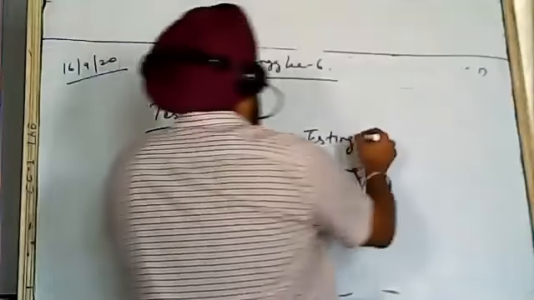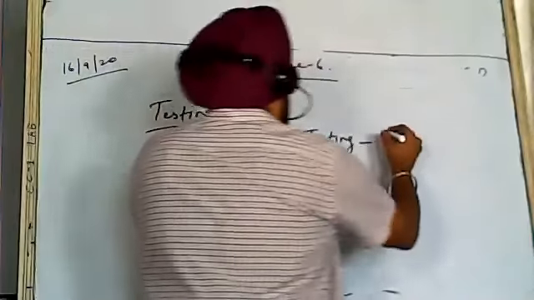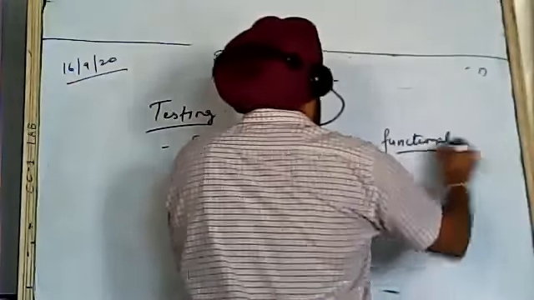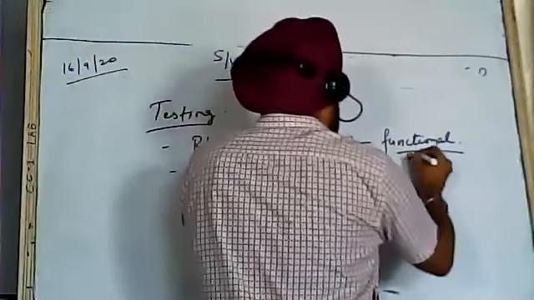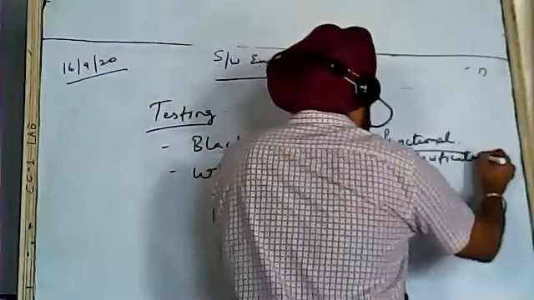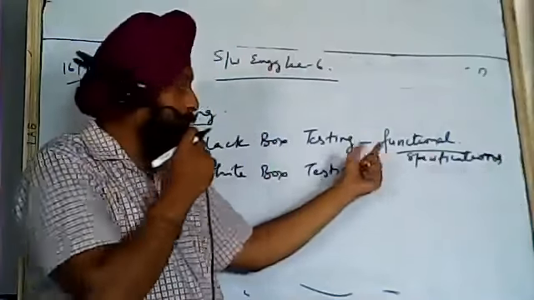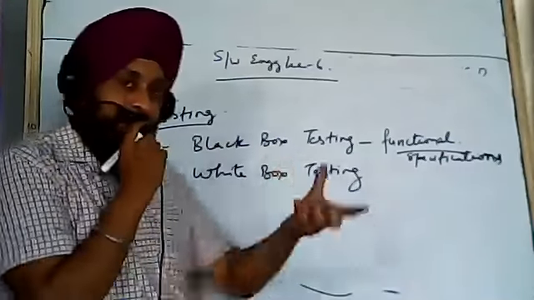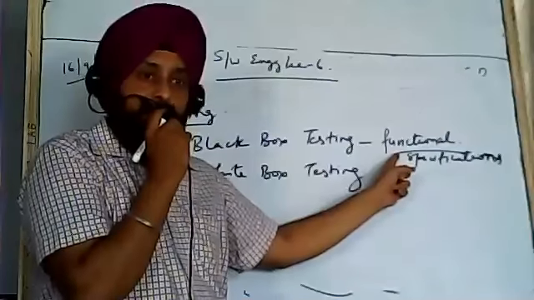In black box testing, we take into account the functional specification to generate the test cases, meaning what functions your software is supposed to do. We make test cases through which we try to capture those errors which hinder some functional operations.